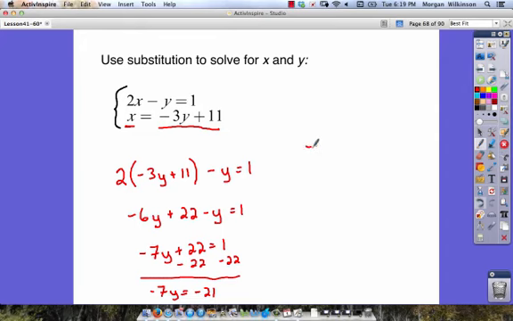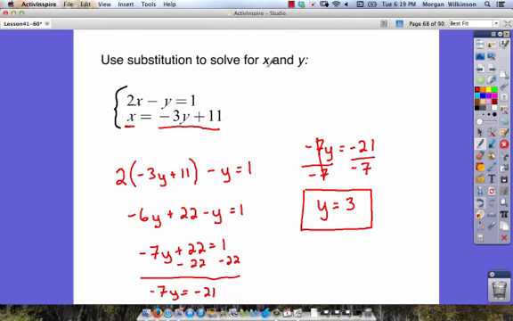So if we have negative 7y is equal to negative 21, we're going to divide by negative 7 to get y by itself, and we've got our answer. y must be equal to positive 3, because a negative divided by a negative must be a positive.